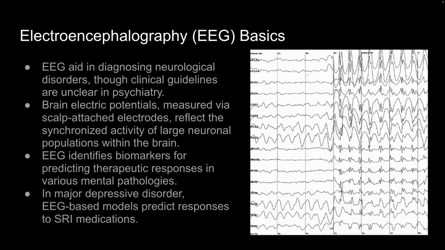Again, this is all superficial, putting on the scalp. There are deep EEG leads that you can put in with very long leads that actually go into deeper parts of the brain. But that's outside the scope of psychiatry at this point in time, but maybe one day it might have some benefit. And there are also studies that show that EEG can predict antidepressant response. Again, this paper is kind of a build up to the ongoing literature that has shown this.